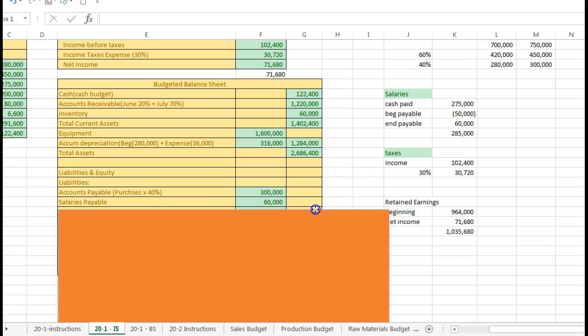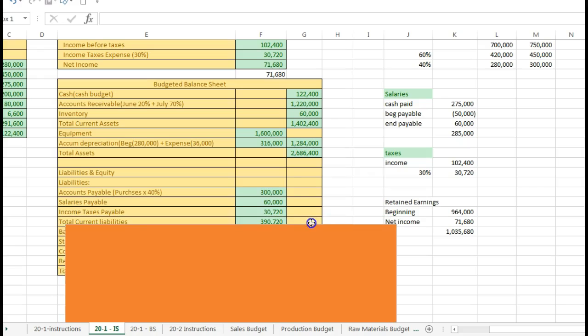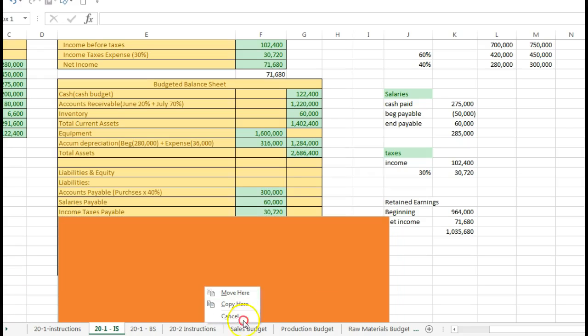Then you have salaries payable. They told you what that was. The ending was $60,000. We know what our income taxes payable are. It's right here, $30,720. You move down, that gives us our current total liabilities.